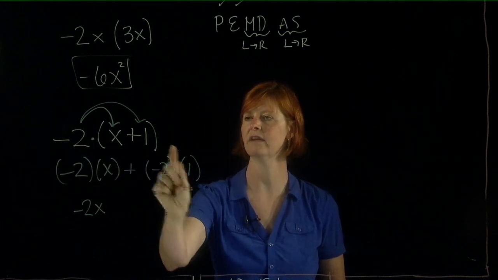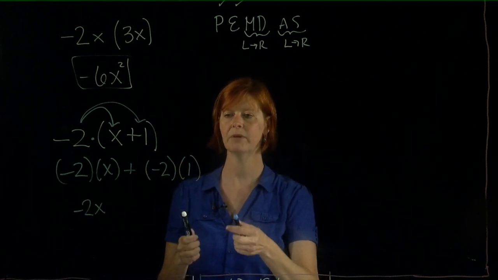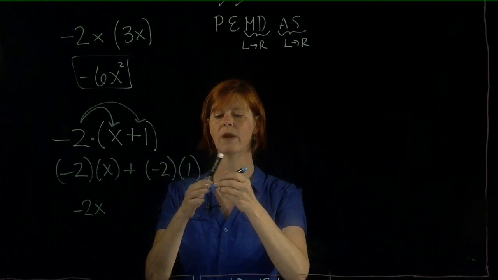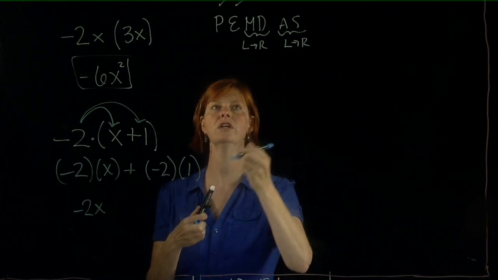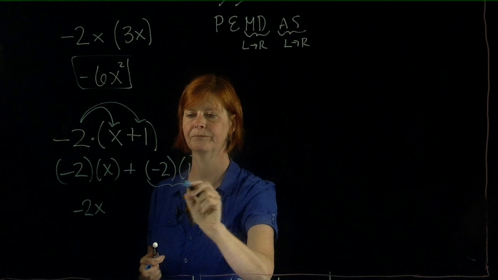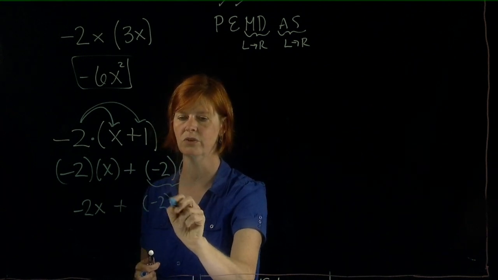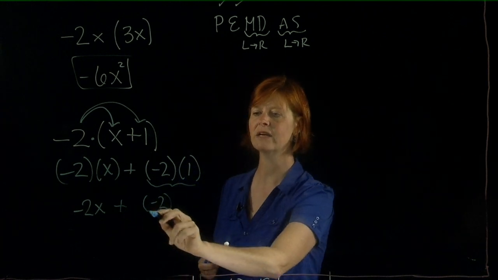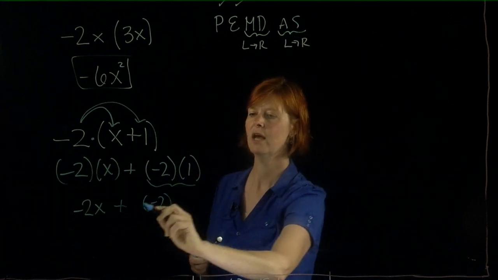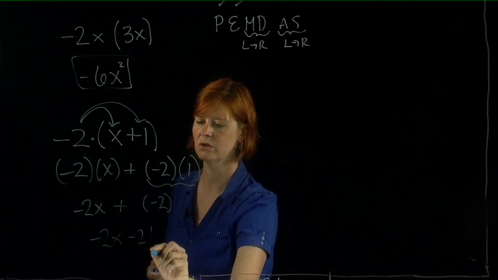If this had been a negative, I would have put it right there. Order of operations matters right here. You're going to do the multiplication next. Negative 2 times 1 is negative 2. Now this is back to our addition and subtraction. Plus a negative: negative 2x minus 2.